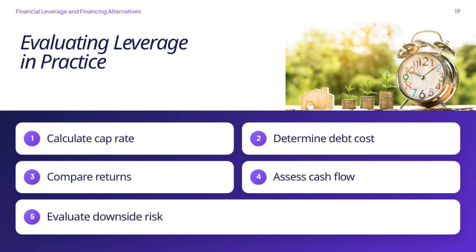Then, we assess the cash flow to ensure that the property can cover expenses and debt payments comfortably. Finally, we evaluate the downside risk, considering what could happen if the investment doesn't perform as expected and how leverage might amplify those risks. This process helps us make informed decisions about financial leverage and choosing the best financing alternatives.